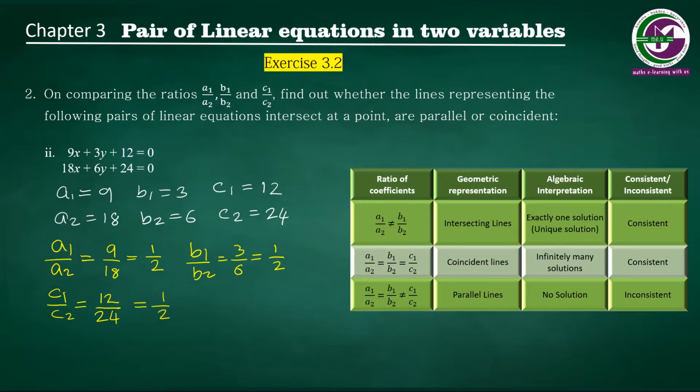So a1 by a2 is equal to b1 by b2 is equal to c1 by c2. All the ratios are equal, so it is the second condition. When a1 by a2 equals b1 by b2 equals c1 by c2, the lines are coincident. So you will get coincident lines.